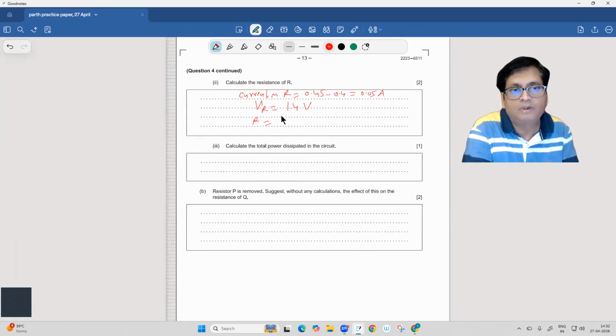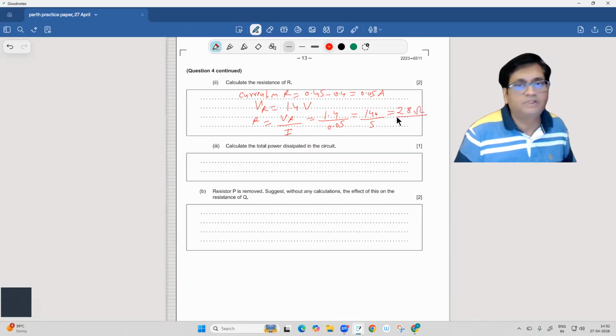Then R is equal to VR by I. 1.4 divided by 0.05. It's like 140 upon 5. 28 ohm. That will become the resistance of this R.